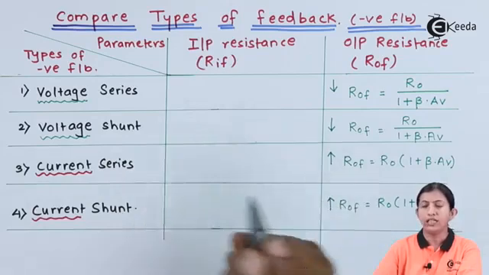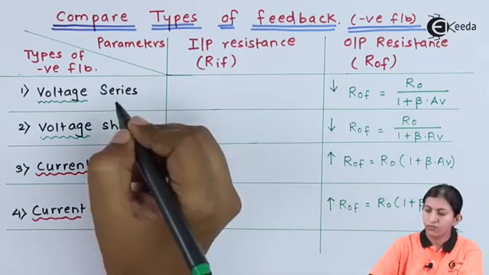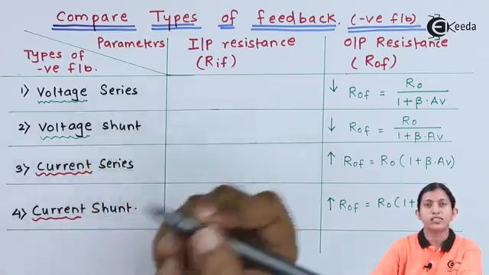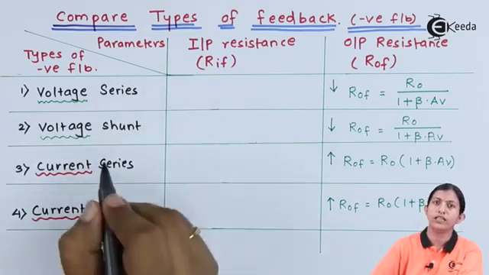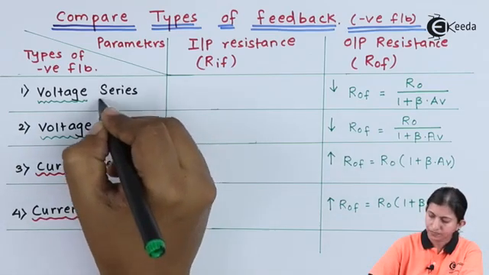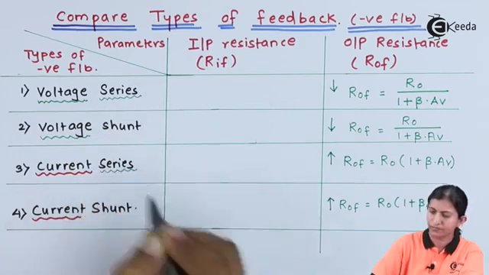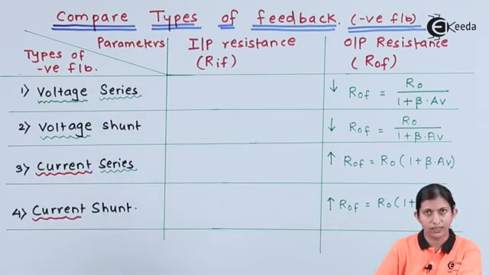Now while calculating the input resistance in negative feedback, we have to check which sampling network is used, whether it is series or whether it is shunt. In case of series, the input resistance increases.